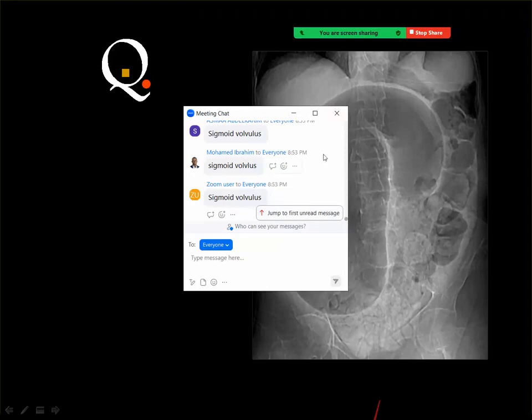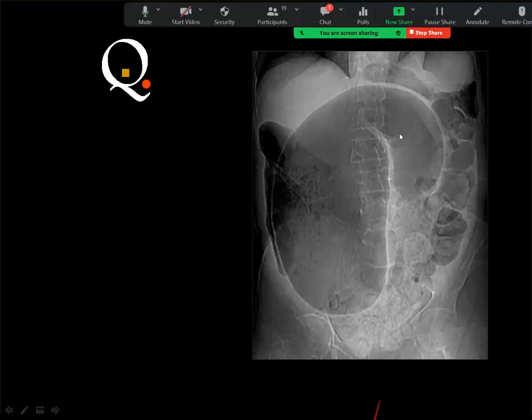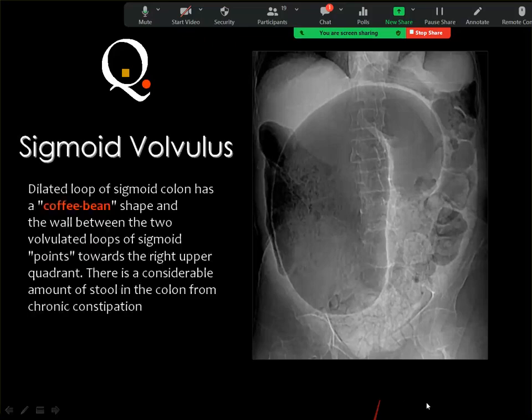Yes. This is an easy diagnosis, and you have the coffee bean sign. The sigmoid colon is markedly, hugely dilated and bent on itself. The two loops form the characteristic coffee bean sign, and this should not be mistaken in the plain film for any other diagnosis.